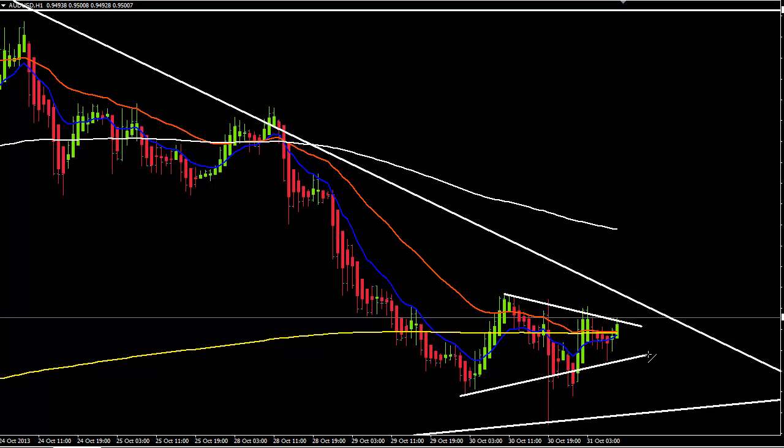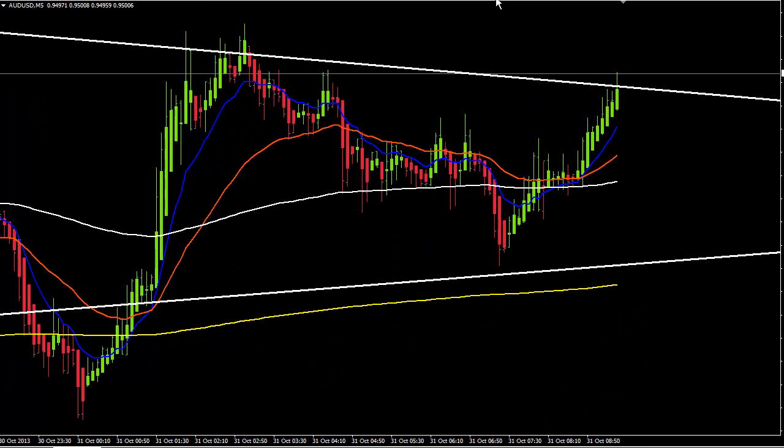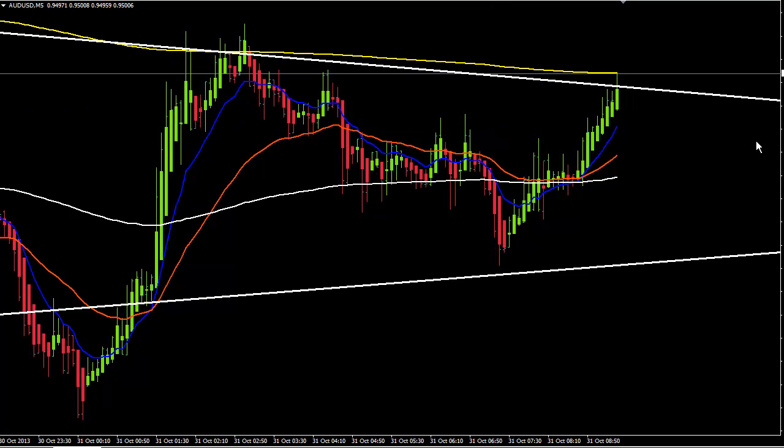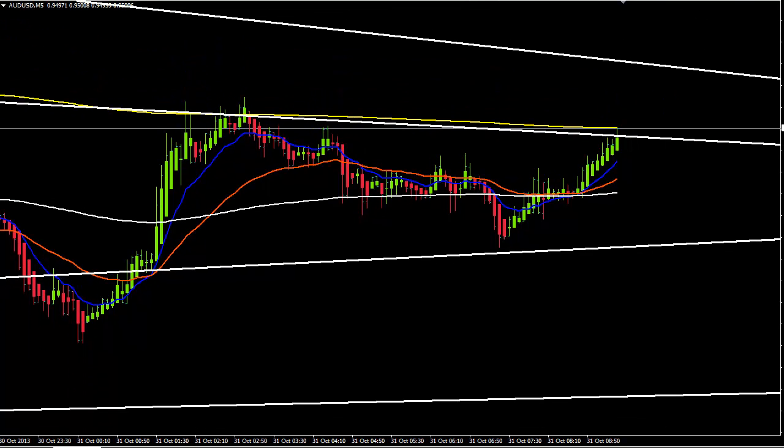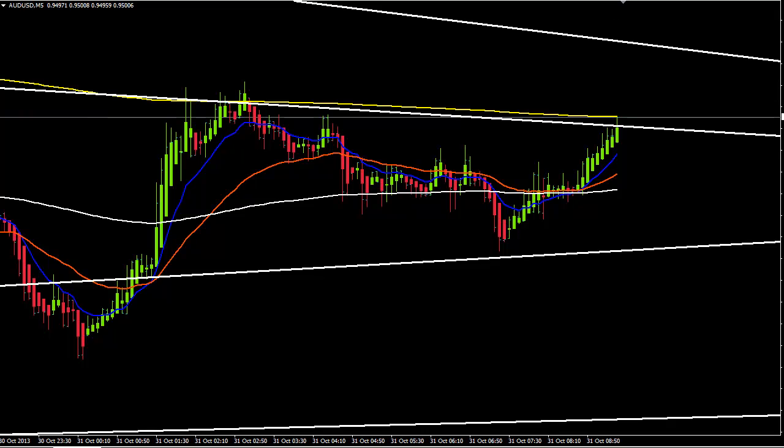Kind of not ignoring the resistance, but knowing that we have a bounce on major support, and aggressively maybe looking. Here's the 633. If the 633 breaks, a 1, 2, 3 setup over there probably bounces on resistance.